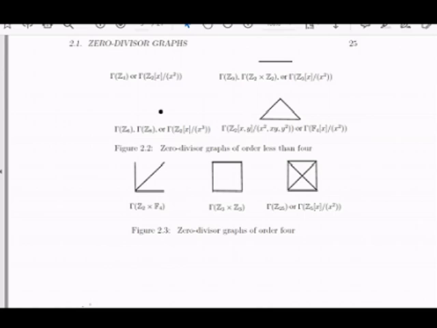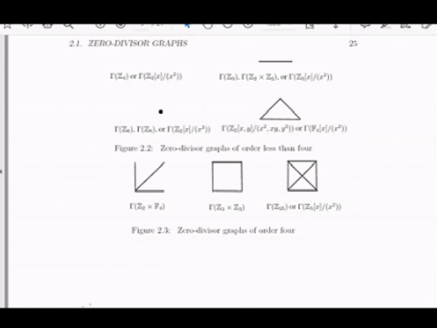So I believe there are about 6 simple connected undirected graphs with 4 vertices. Out of these 6, only these 3 correspond to a zero divisor graph of some ring. Like this graph, the last one, corresponds to 2 non-isomorphic rings.